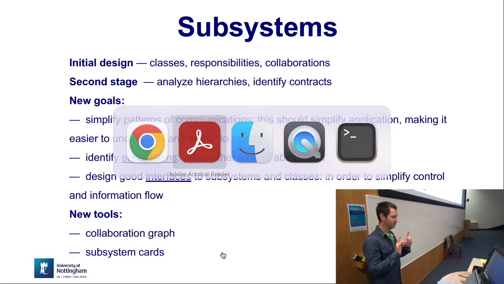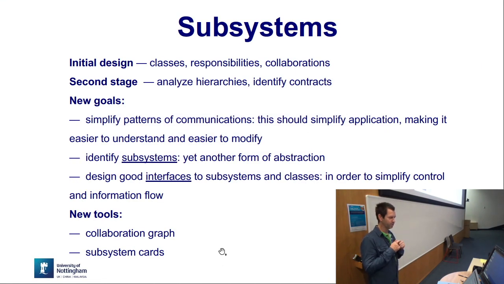So just as a note on context, we have the initial design phase: classes, responsibilities, collaborations. Second stage is analyzing hierarchies, what we just talked about, and contracts. And now we have some new goals: simplify the patterns of communication, making it easier to understand.